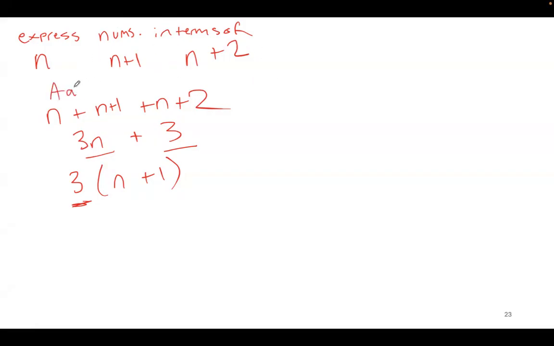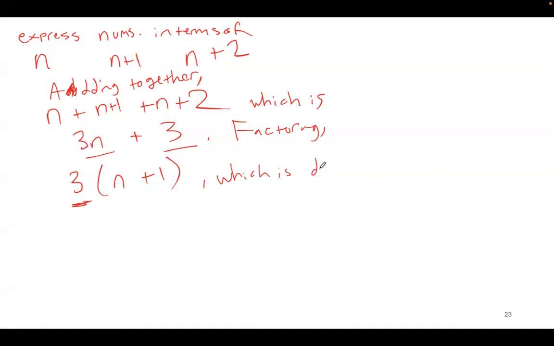And then I would say, adding together, we get n plus n plus 1 plus n plus 2, which is 3n plus 3. And then I would say factoring, we get 3 times n plus 1, which is divisible by 3. And we're done. So there is the bit of showing your work from algebra and then adding some words in there.